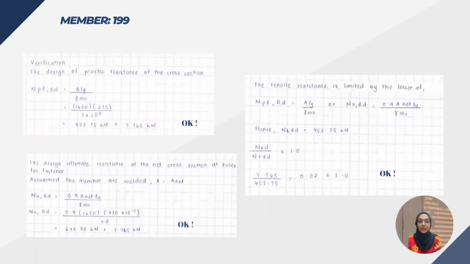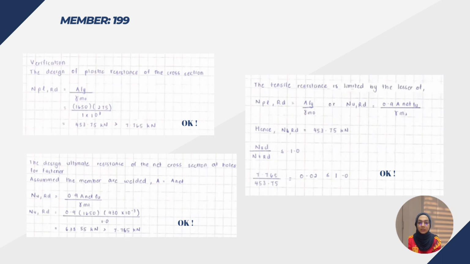Next is verification. As for NPLRD, the value is 453.75 kN, which is bigger than 7.765, and it is accepted. Next for NURD, the value is 638.55 kN, which is bigger than 7.765 kN, which is accepted.